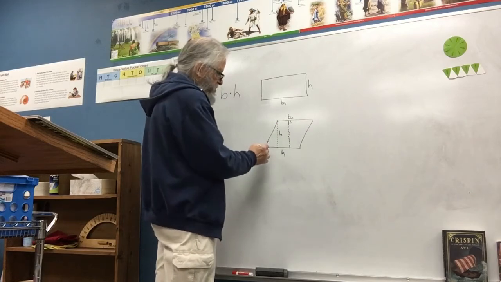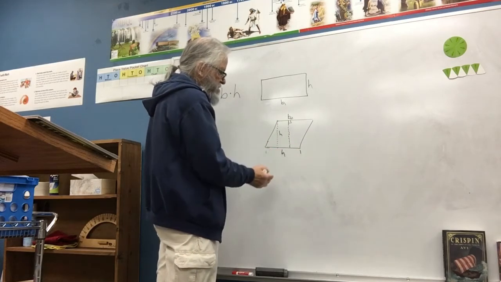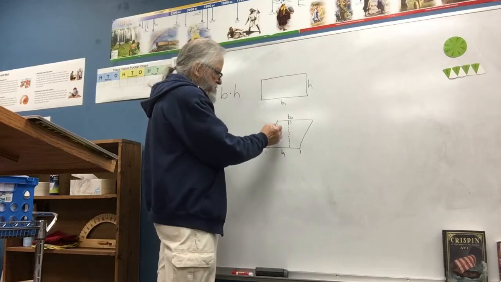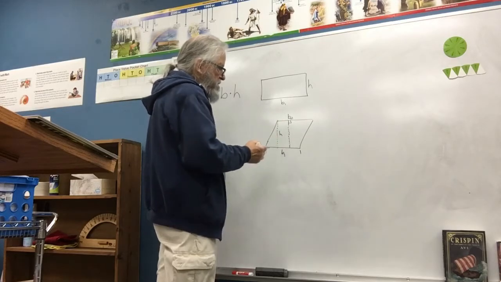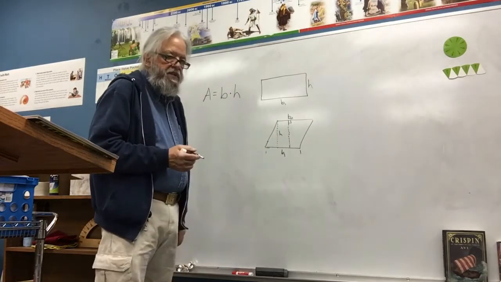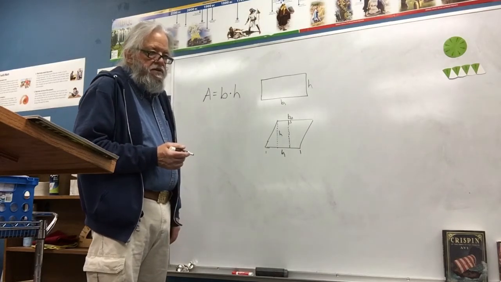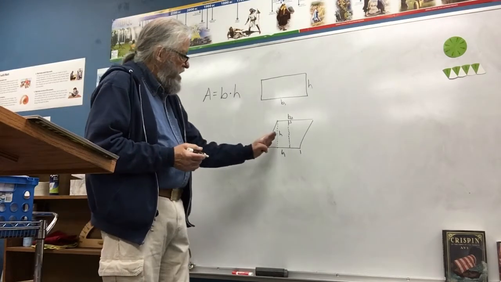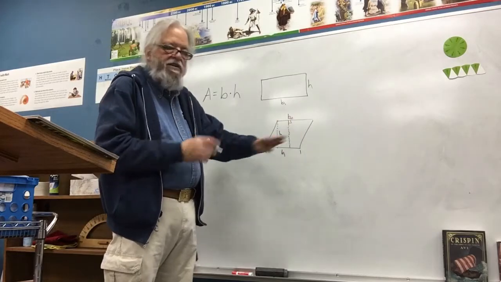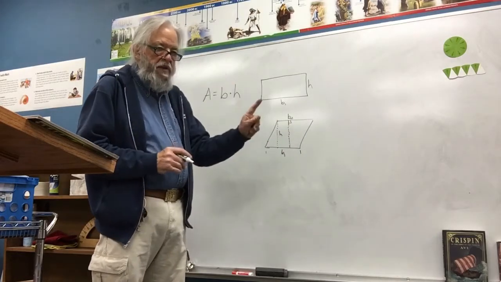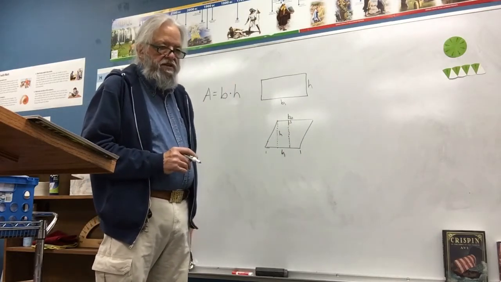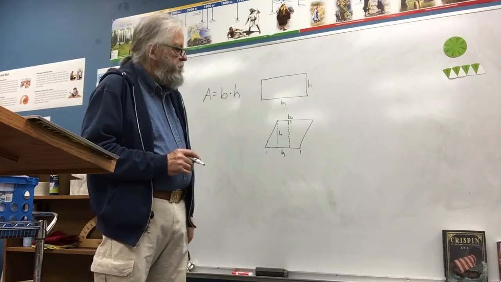Okay? This whole thing is the base, but then this perpendicular line is the height. So, even though there's a height here, there's a height here, there's a height here, you're just taking one base times one height. All right?